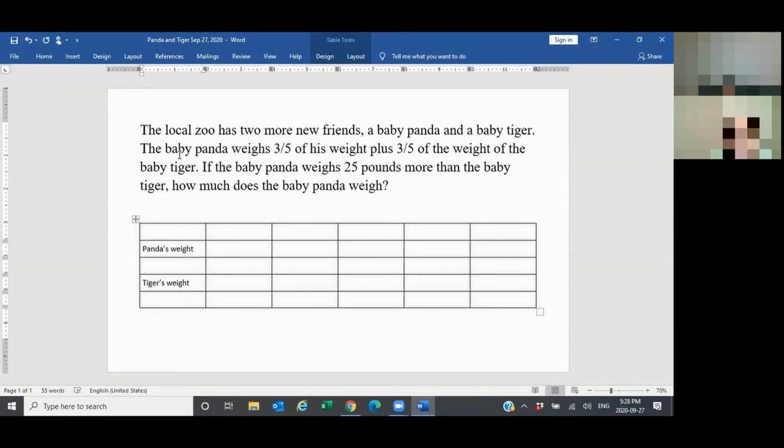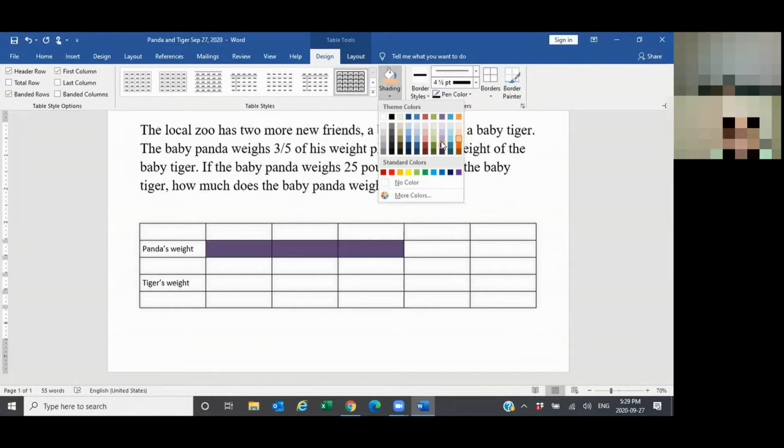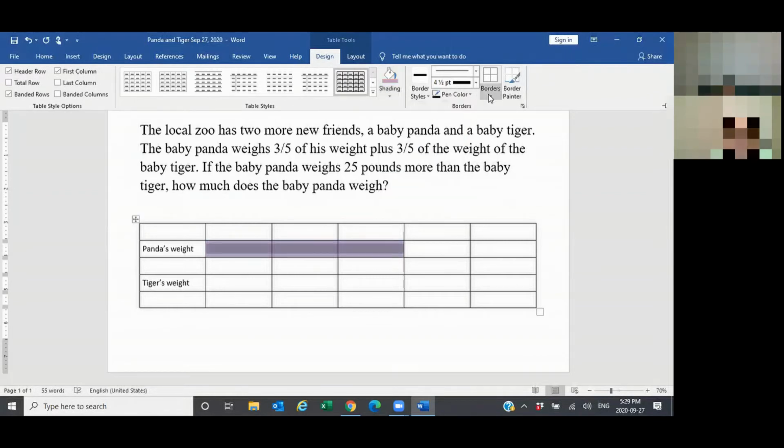Alright. So the baby panda weighs 3/5 of his weight plus 3/5 of the weight of the baby tiger. Since it's in fifths, panda can only have 5 boxes. So 3/5 of his weight, I'll make it a light purple color.